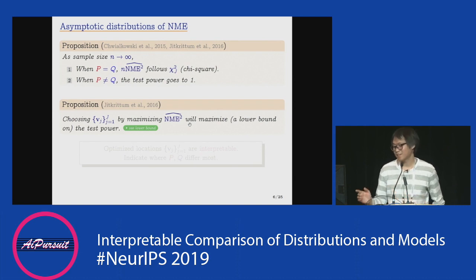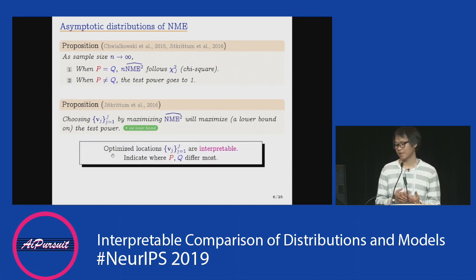But it is true for this case. And once you optimize the test locations by maximizing the statistic itself, the test locations V1 to Vj are interpretable, and they actually indicate where P and Q differ.